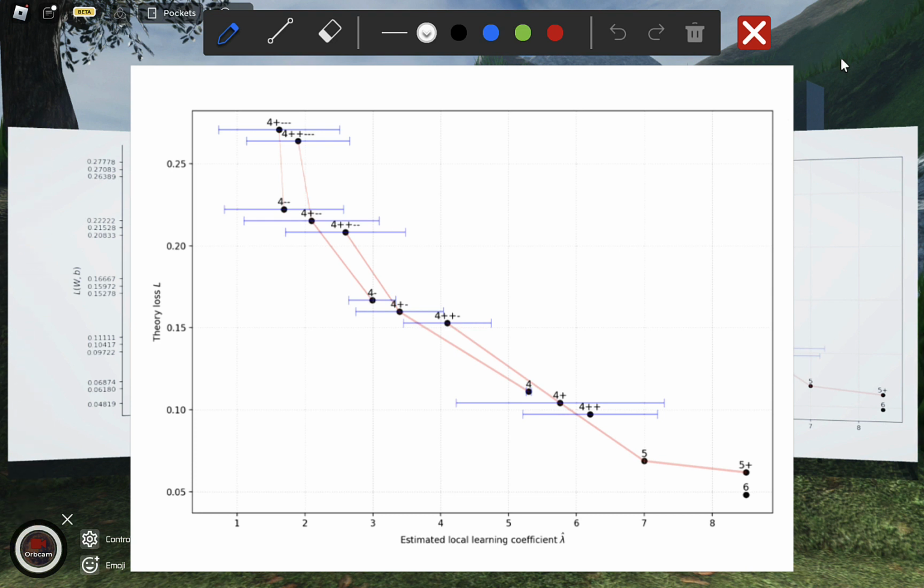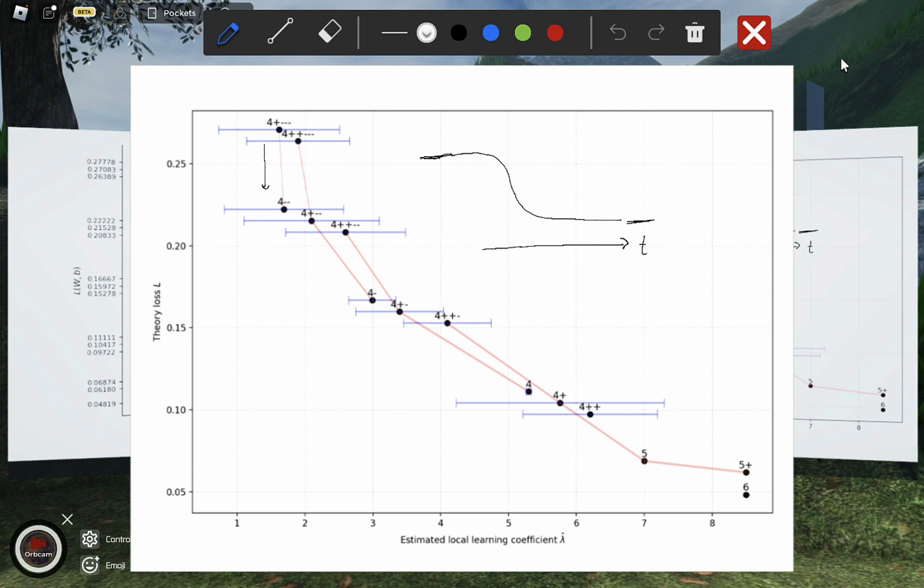Okay, so what do we see? Well, it's quite amusing. First of all, the lines do go down and to the right. The fact that they go down is obvious, right? You're going from a value of the loss to a lower value of the loss over time, over SGD steps.